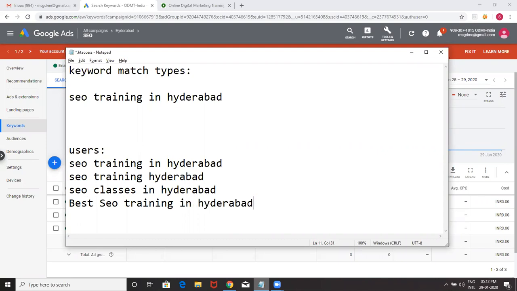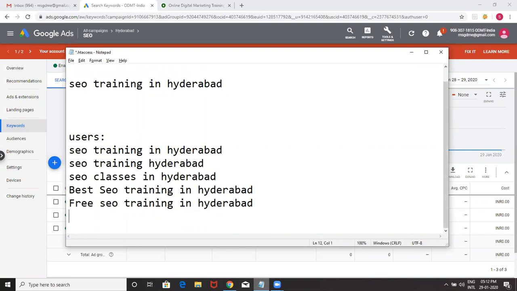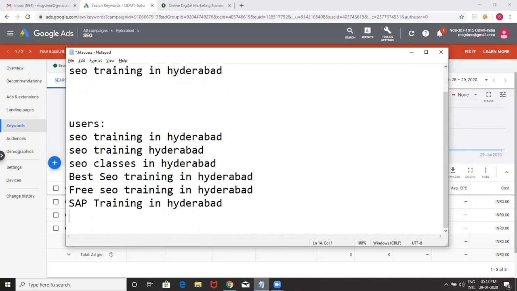These are different things people are typing. So these are the different keywords.